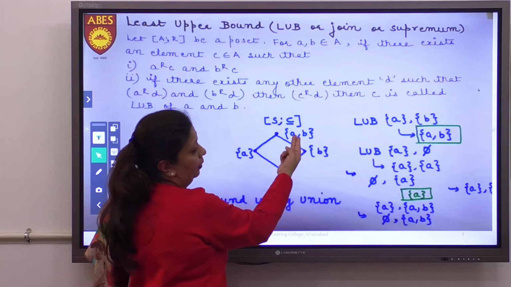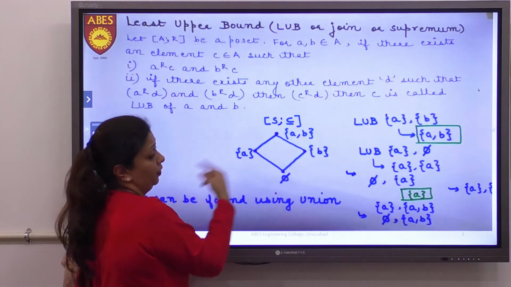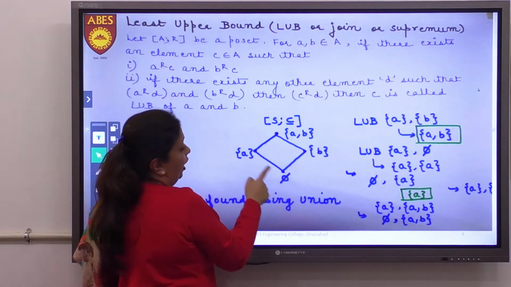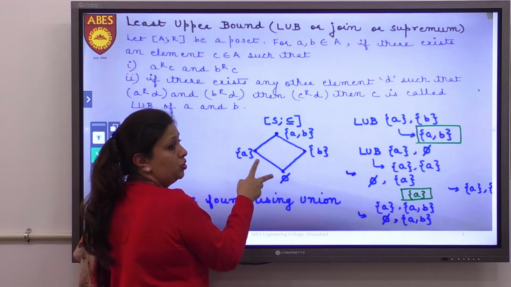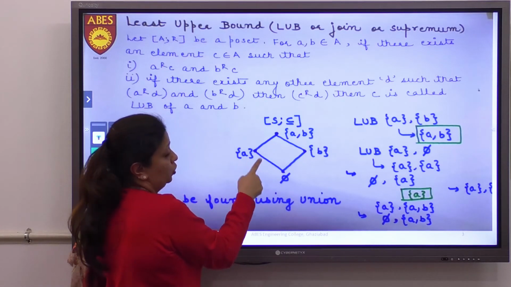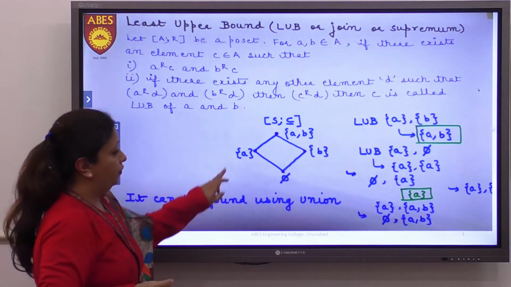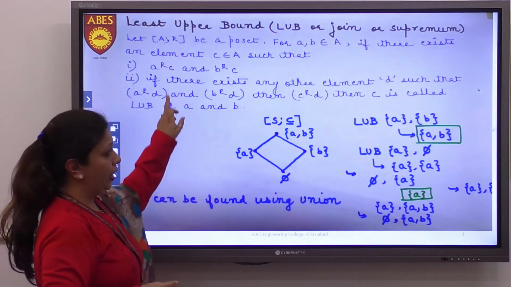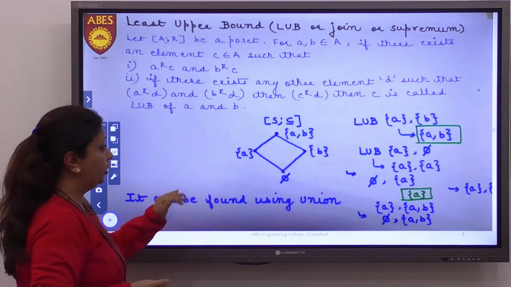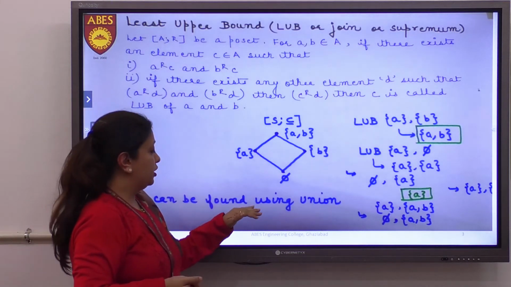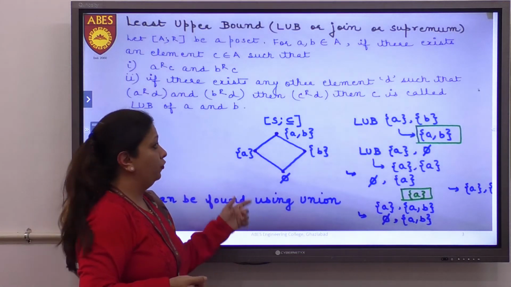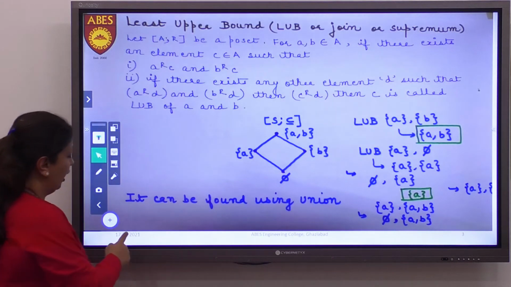That will come out to be ab, which is the element in the diagram. If I take phi and a and take the union of these two, I will get a. So this again gives the same result as we found by applying these conditions. So for this standard example, we can take the union for finding the LUB.